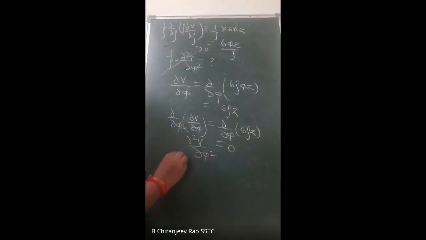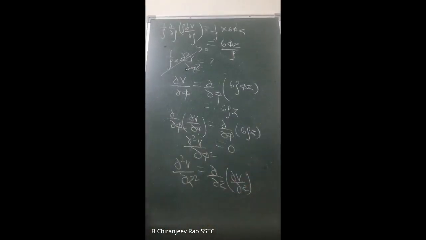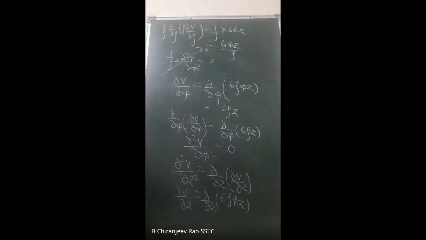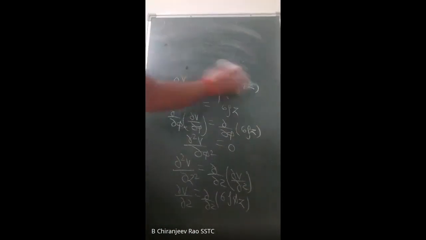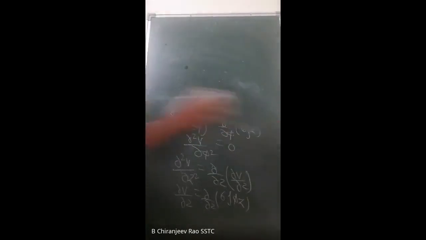And the last term is del square V by del z square. Okay, so we can write it as del by del z of del V by del z. First we will find del V by del z. So this will be equal to del by del z of 6 rho phi z. Differentiate it with respect to z, z will become 1.